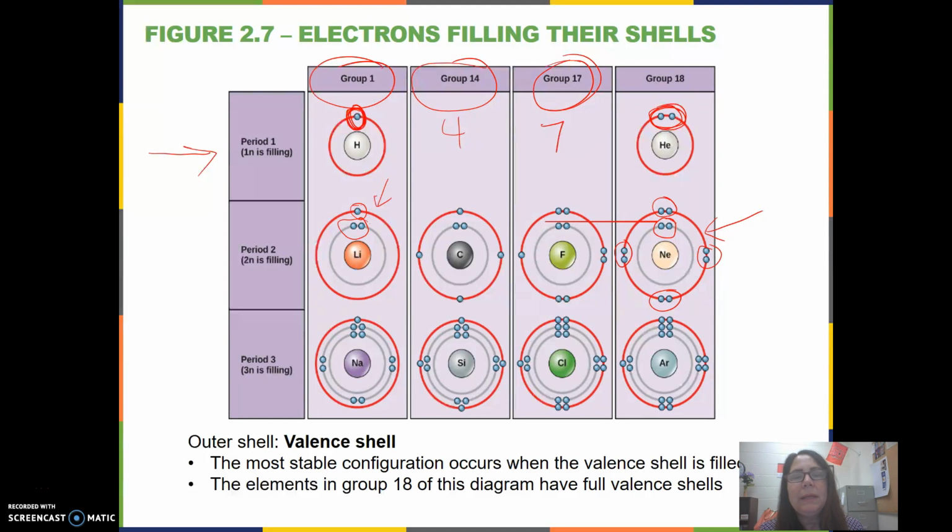Well, hydrogen's really not an exception, but helium is an exception because helium is stable with only 2 electrons, and that is because the first energy level is filled with 2. The second, third, fourth, fifth, sixth, and seventh energy levels are filled with 8 electrons.